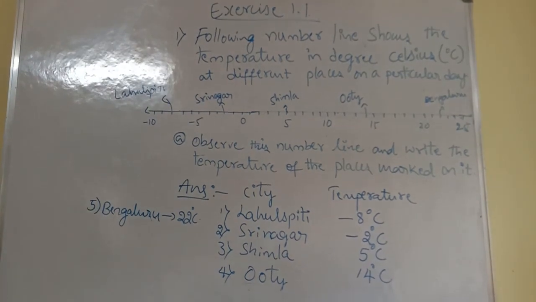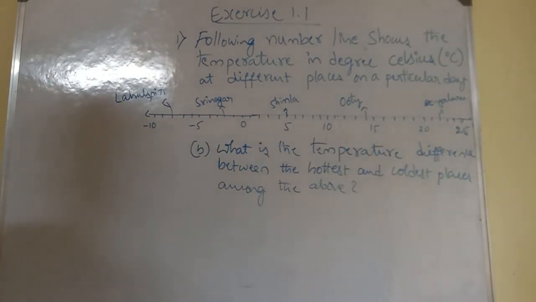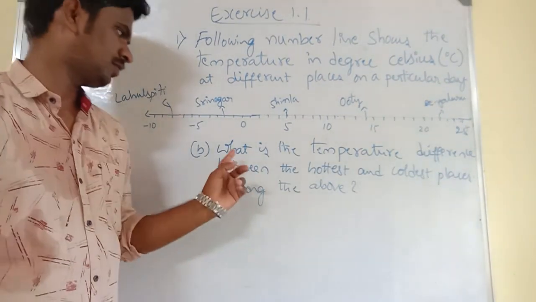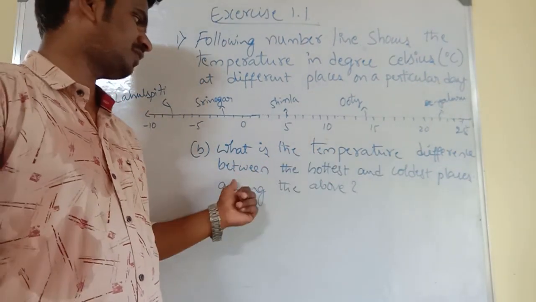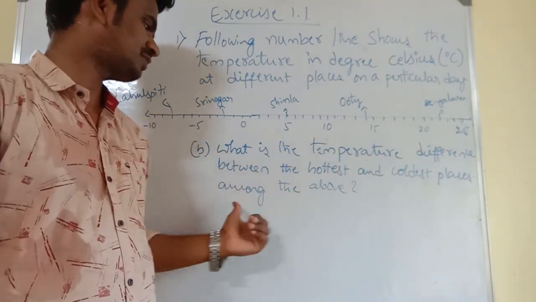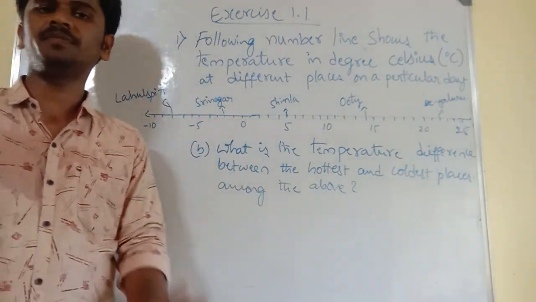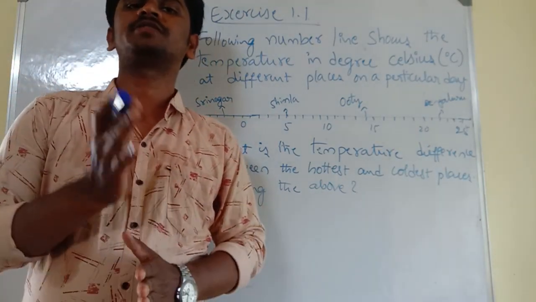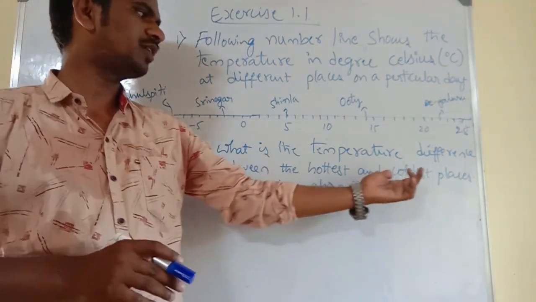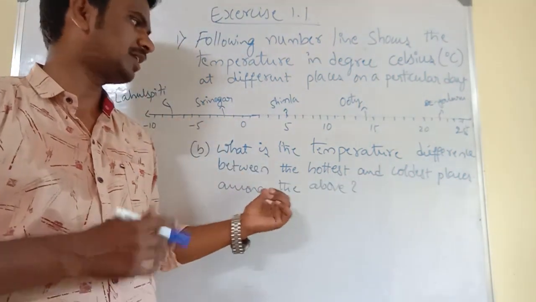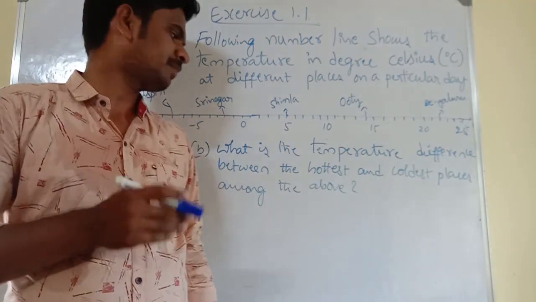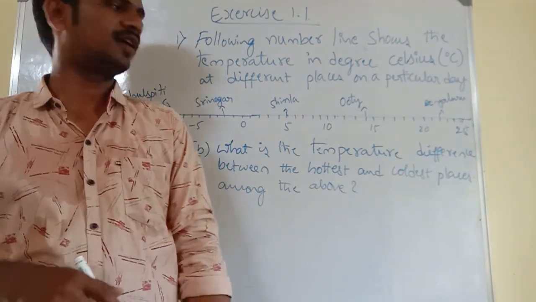Here is the second question. What is the temperature difference between the hottest and coldest places among the above? Here, difference means we have to subtract the temperature of the coldest place from the temperature of the hottest place.